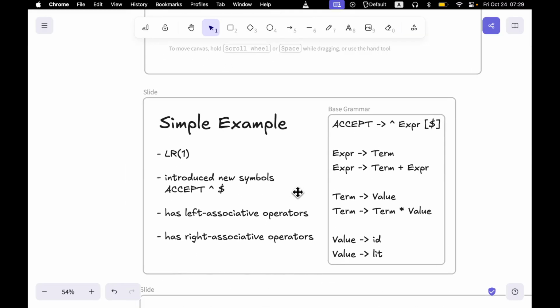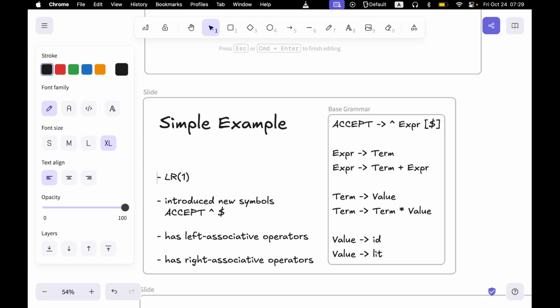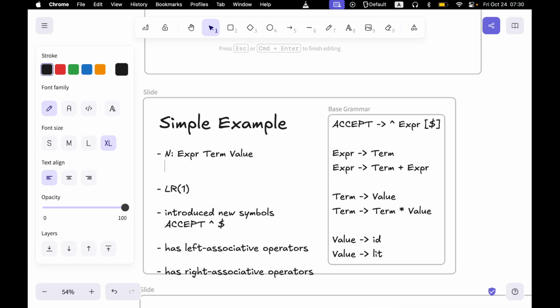Now let's parse a simple grammar. The grammar has non-terminal symbols expression, term, and value. This grammar also has terminal symbols: star, ID, literal, and plus.